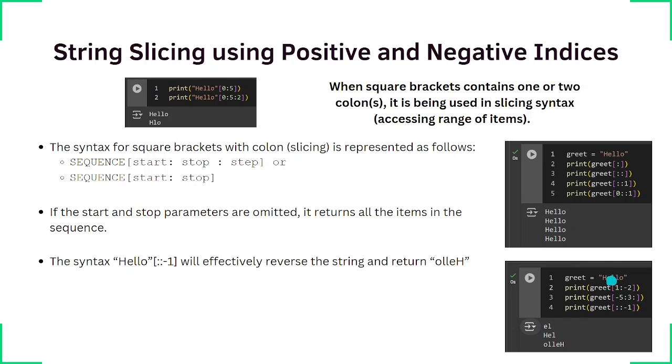Our string was hello, but then we are doing colon colon -1, so we are taking everything but also using negative indexing. So we are starting from the right, and the step size is -1, so we are moving 1 to the left every time. So that's why we end up reversing the input string.